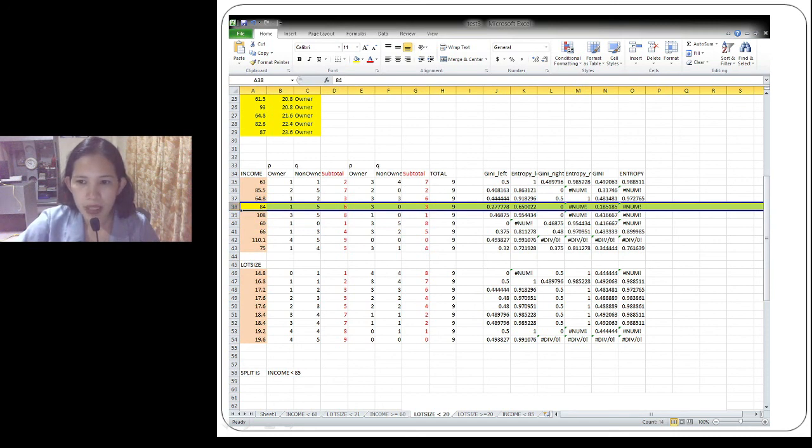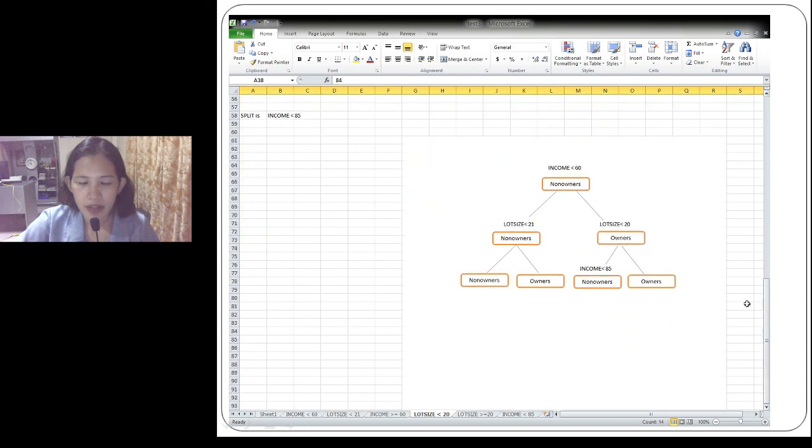Okay, so we can now add here that the income is less than 85, and most of them are non-owners. So for consistency, we put all the non-owners to the left side of our tree. So this is income is less than 85.